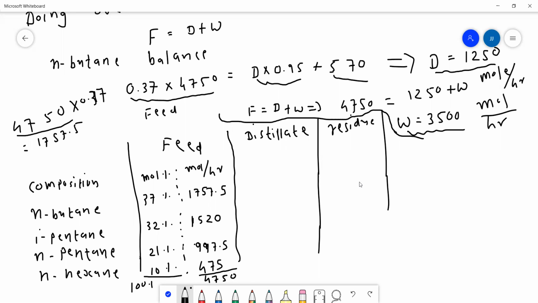Now, in the distillate, we can determine mole percent and moles per hour.